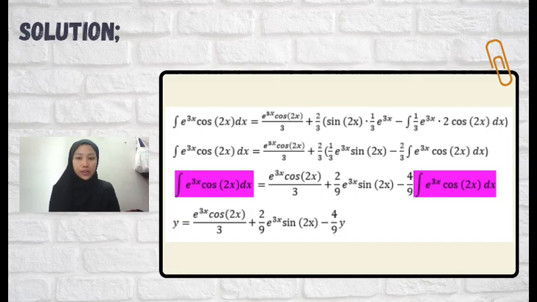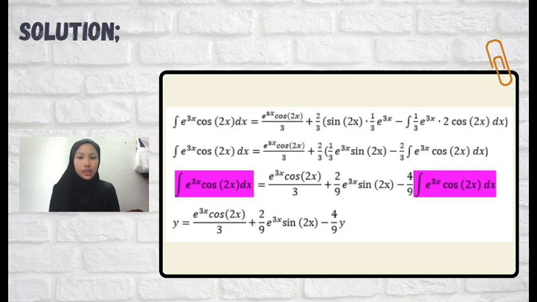After we do integration by parts for the second time, we substitute it into the formula again, which is uv minus integral of v du. And after we simplify, we get the integral equal to e to the 3x cos 2x over 3 plus 2 over 9 e to the 3x sine 2x minus 4 over 9 integral of e to the power of 3x cos 2x dx.